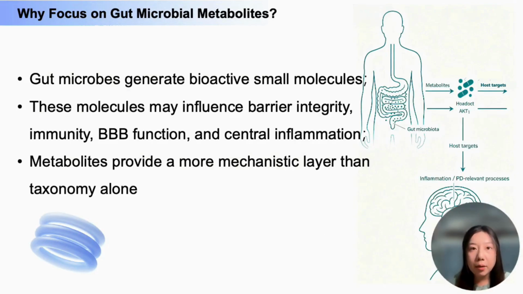The gut microbiota can affect the host in many ways. One important way is through some molecules made or changed by gut microbes. These molecules are called microbial metabolites. Microbiome metabolites may affect the intestinal barrier, immune responses, the blood-brain barrier, and central inflammation.